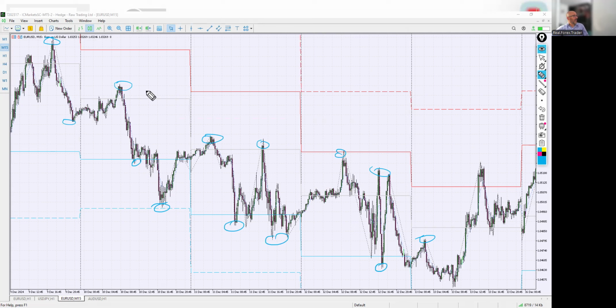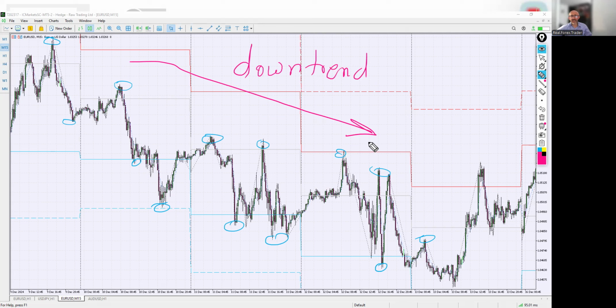All right. It means that the trend is clearly a downtrend, right? That's it. That is the very first thing that I identify, a downtrend.